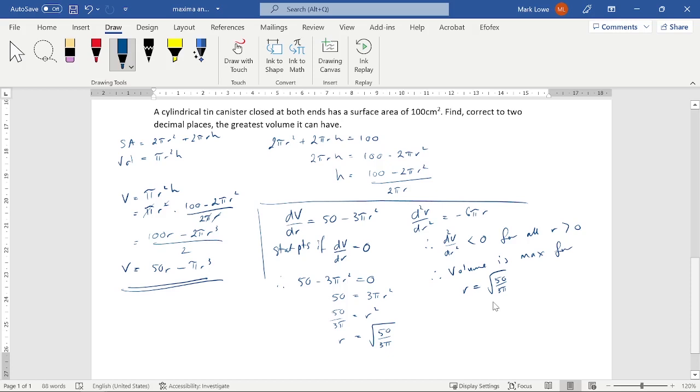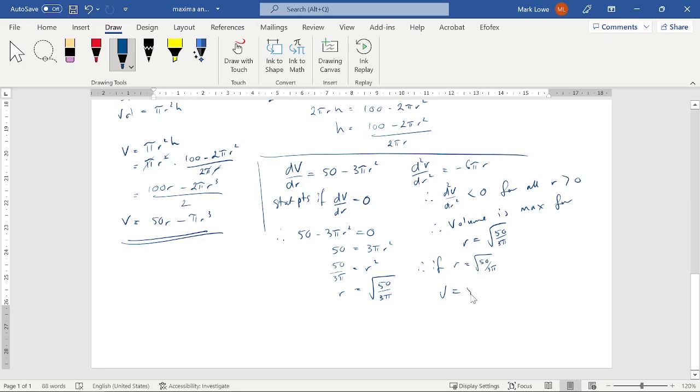Now we need to actually find the volume, so we're just going to substitute that in. So there is 50 times 50 over 3 pi minus pi times the square root of 50 over 3 pi cubed.